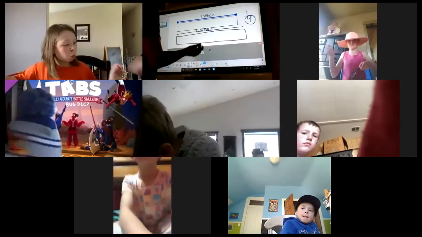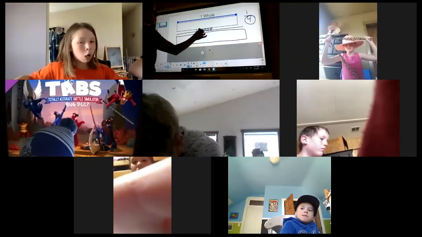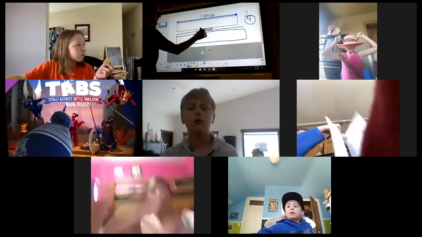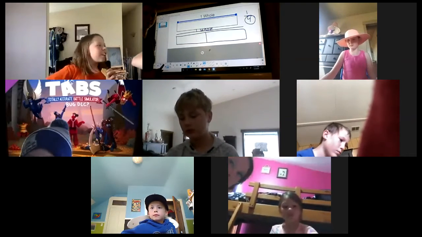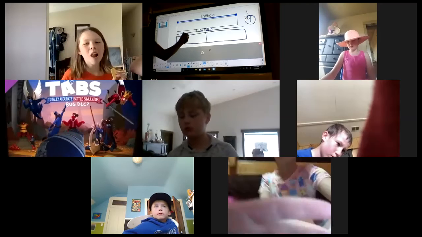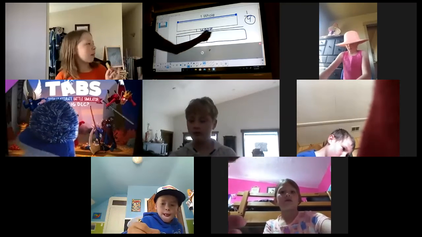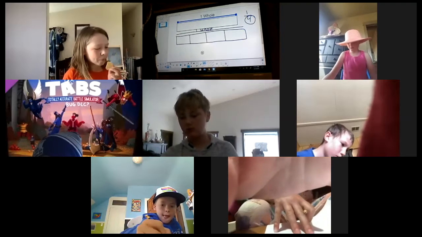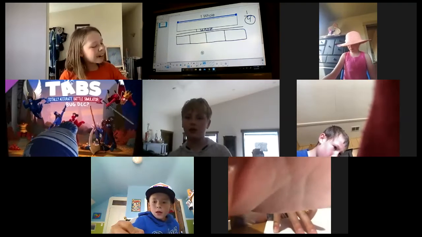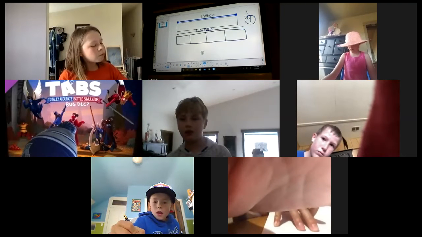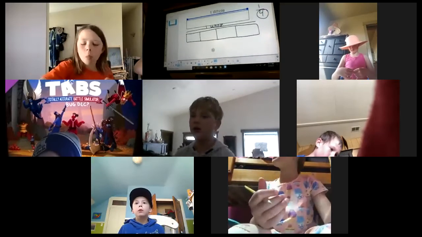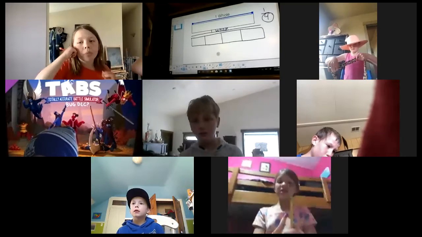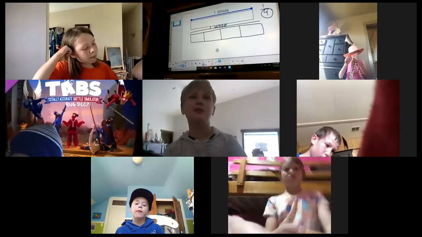Follow along please: take your pencil, divide your fraction bar in half, and then we're going to divide those halves in half. Now we have a fraction bar where each of those smaller pieces represents 1/4.